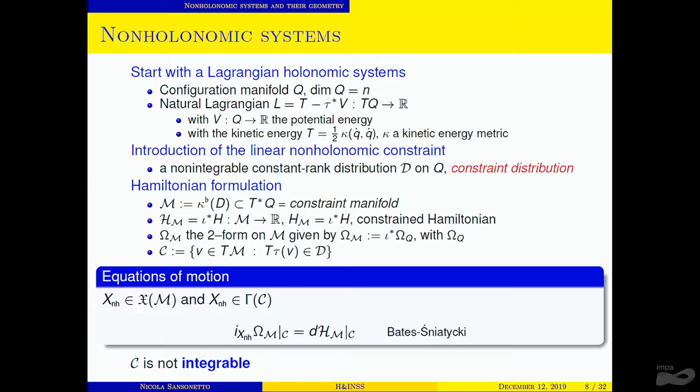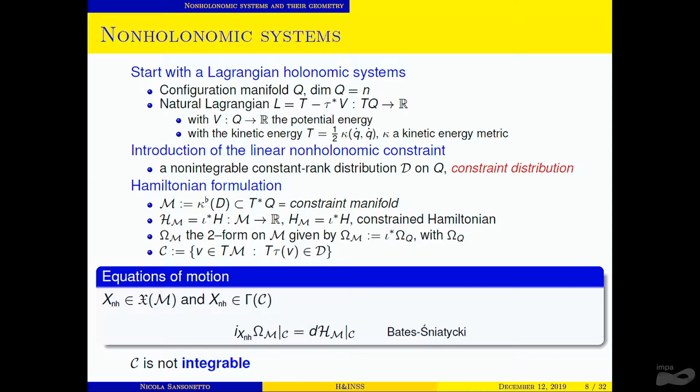The equations of motion are, as I said, just Lagrange equations with multipliers. So standard things in basic physics. But for our purpose, it is interesting to go to the Hamiltonian formulation.